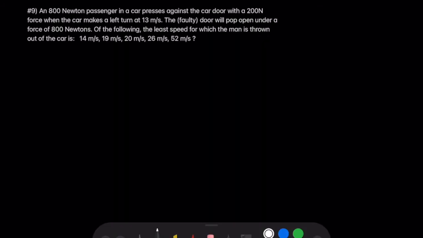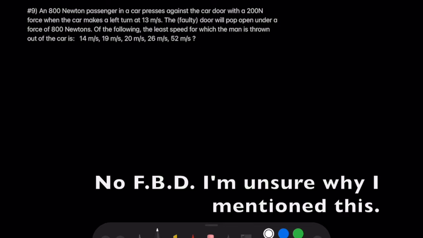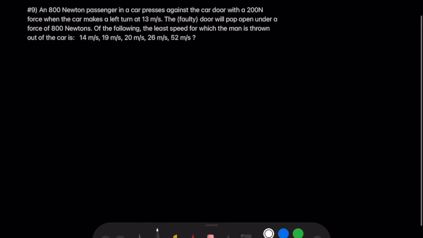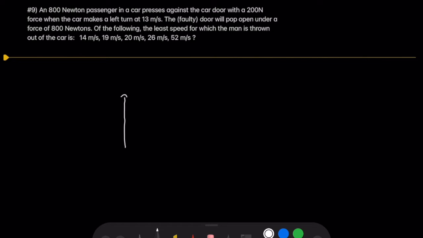So the first thing that we want to look at is what type of motion we're dealing with here, and try to come up with some sort of free body diagram to figure out what laws will be needed to solve this problem. So we know that it's traveling in a certain direction, and it says that it makes a left turn. So it's going to go left.